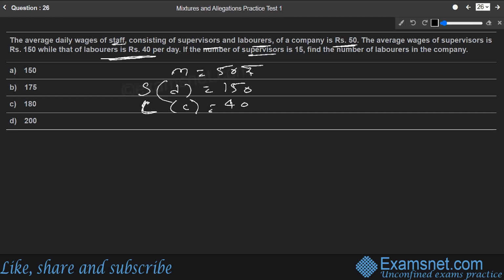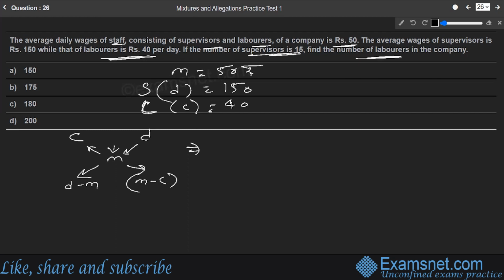They are saying the number of supervisors is 15, and asking for the number of laborers of the company. So we can again relate the situation by our allegation method, cheaper part, dearer part and the mean part. What should be the ratio of these two, so that the cheaper part and dearer part have the mean price as their average price? The ratio should be D minus M to M minus C. So we can use this allegation method to find the number of laborers in the company.